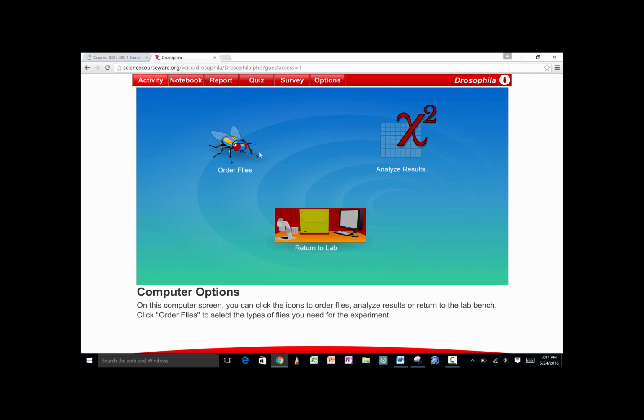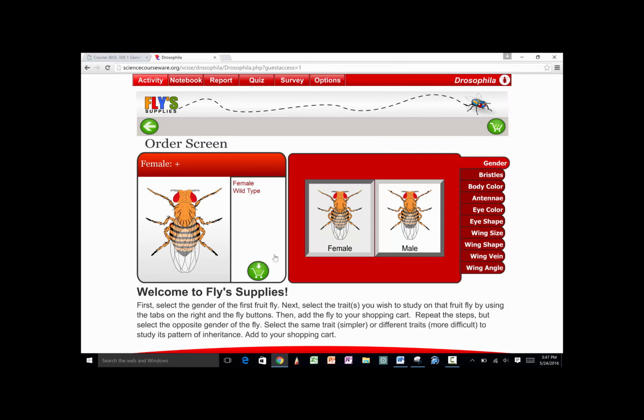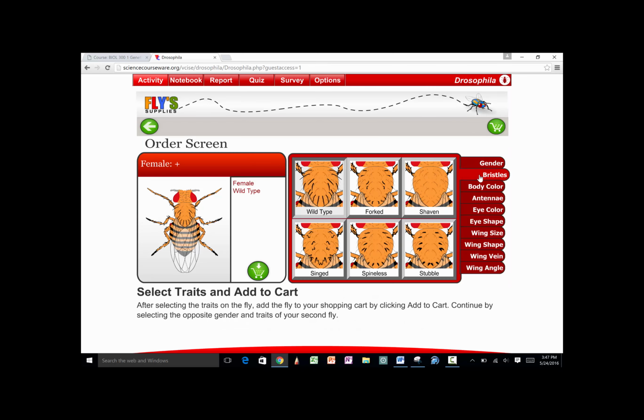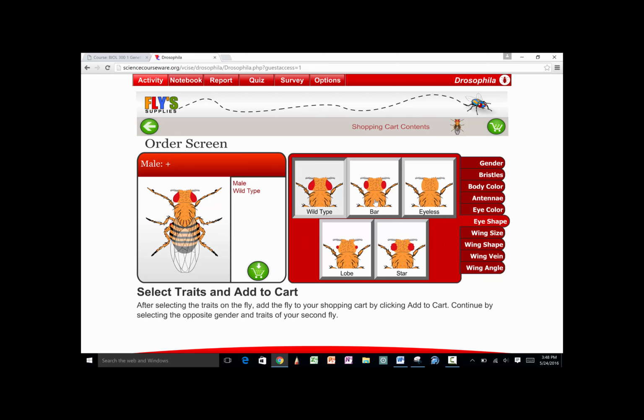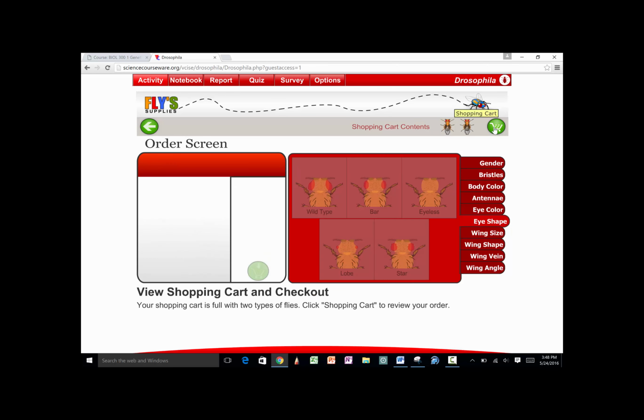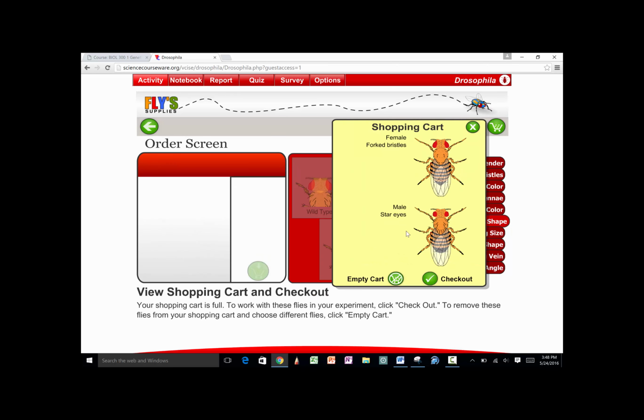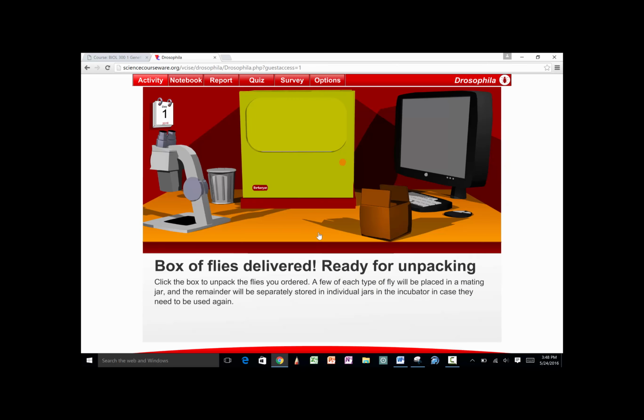We ran out of room. So whenever you want to do something with sex linkage, make the female the mutant. It just makes life easier. Forked female, star male, check out.